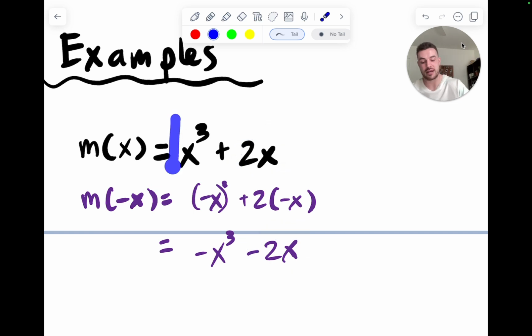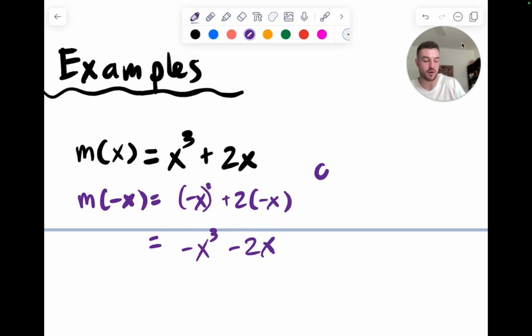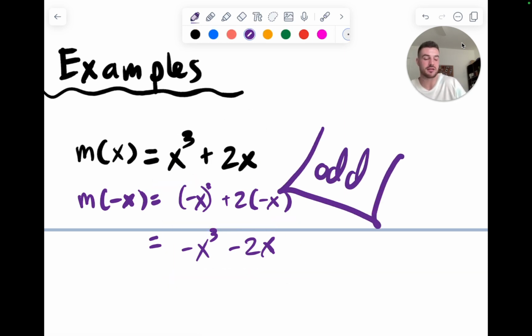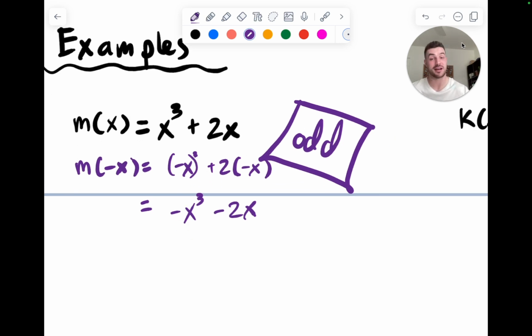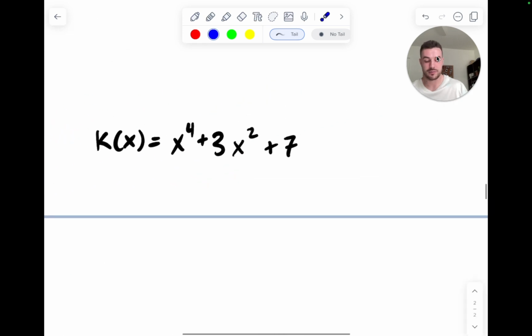So my entire function is opposite of the original, and therefore this is an odd function. What that tells us is if I were to look at the graph here, I would be able to reflect any point I wanted across my origin, which is right in the middle, and I would land on another point on our graph. Let's keep moving.